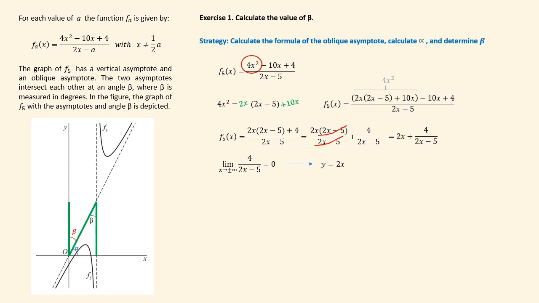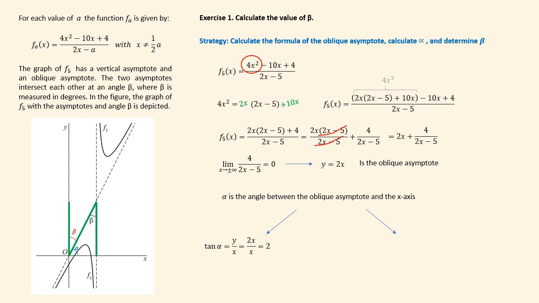And now we found the equation for the oblique asymptote. Now alpha is the angle between the oblique asymptote and the x-axis, and there are two ways of calculating this. First, the trigonometry way. The tangent of alpha is equal to the opposite side, which is y, divided by the adjacent side, which is x.